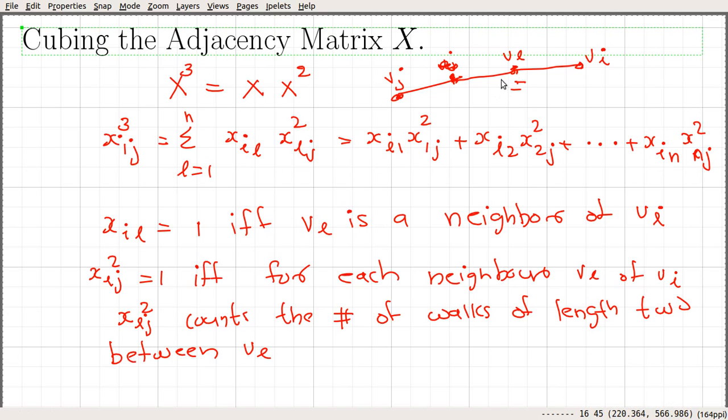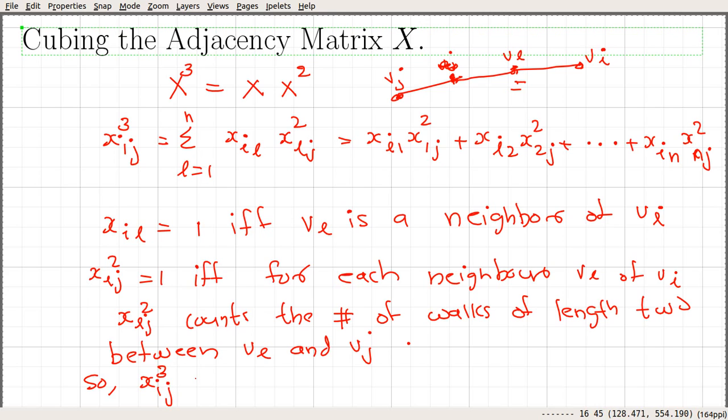If you consider xij³, we have a walk of length 2 plus 1, so this counts the number of walks of length 3 from Vi to Vj.